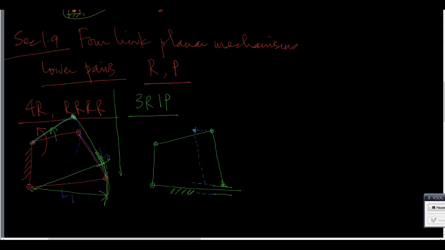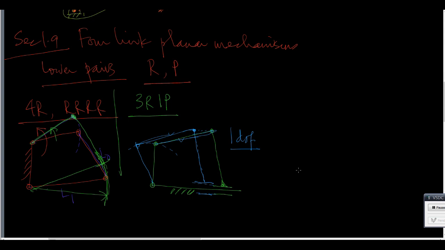After I know where this point has come, this length, and over here this length, arc of a circle, this point I know, I take this length, I cut an arc with this radius, I have located this point, everything is located, and you can see 1 degree of freedom. Okay, so that is 3R1P.